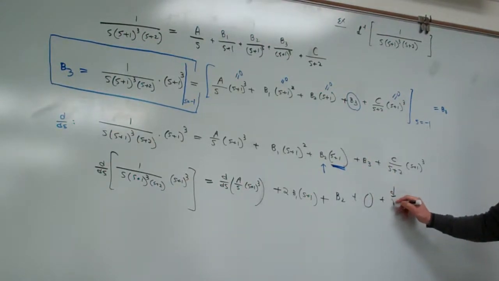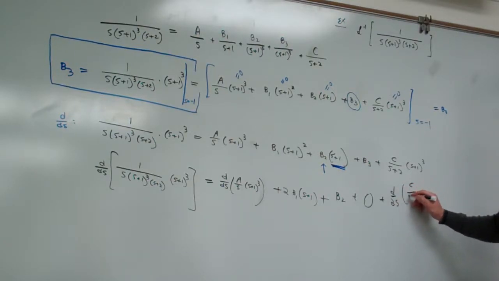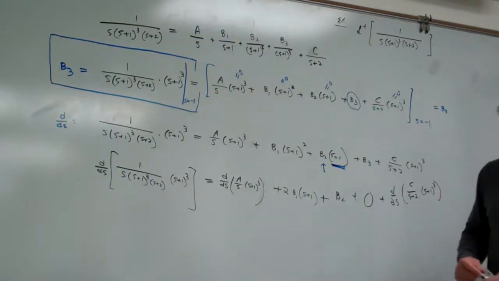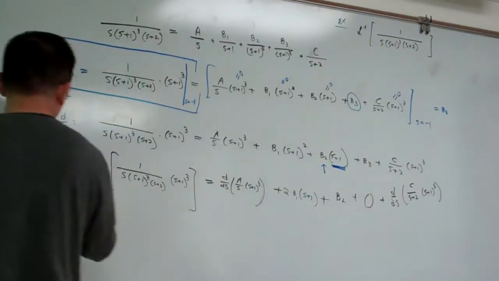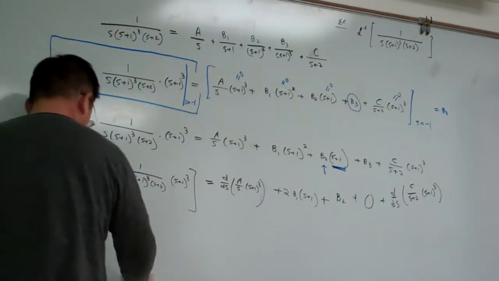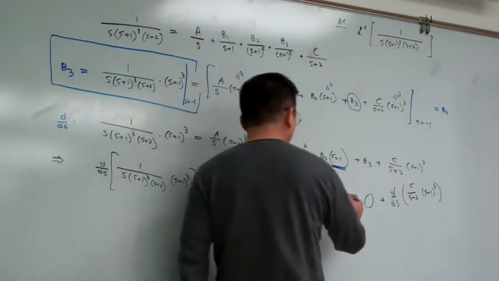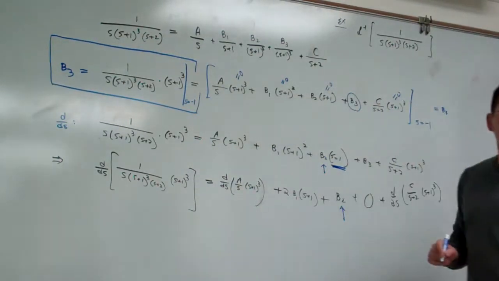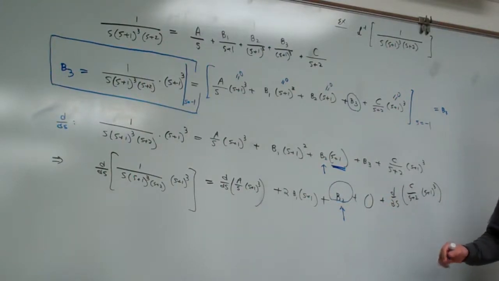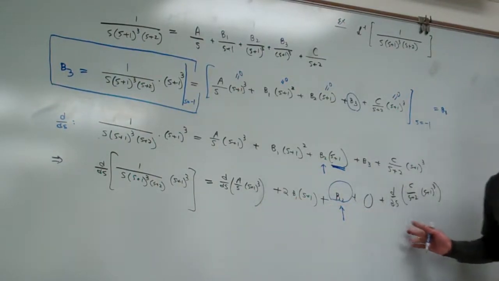And this one d/ds of s plus 2 and s plus 1. Something like this. So once you do the derivative on both sides, you have this one, and you can see B2 appears alone. So remaining is to make the remaining terms disappear.